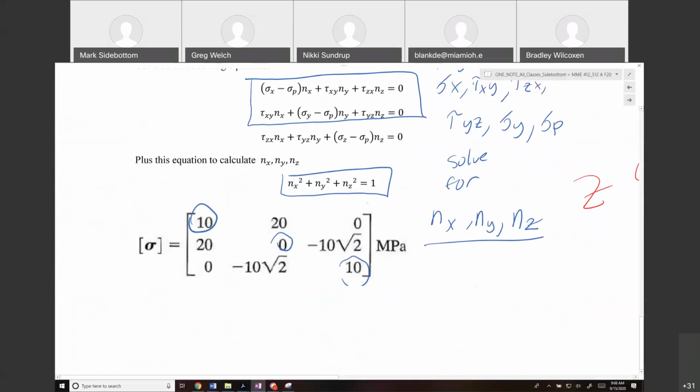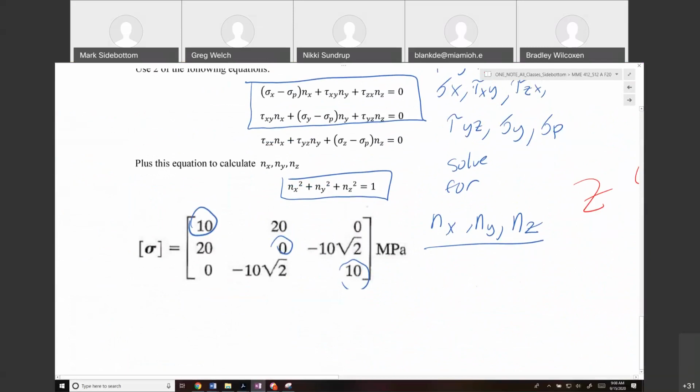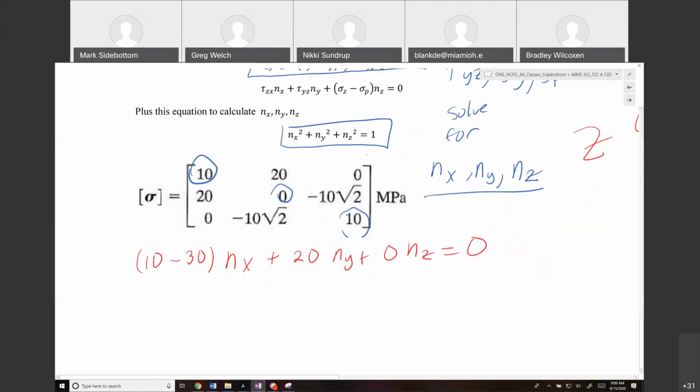So if we do this, the first equation would be sigma x, which was 10 megapascals, minus sigma p, which was 30 megapascals, times nx, plus tau xy, which was 20, times ny, plus tau zx, which was equal to 0, times nz would be 0, right?